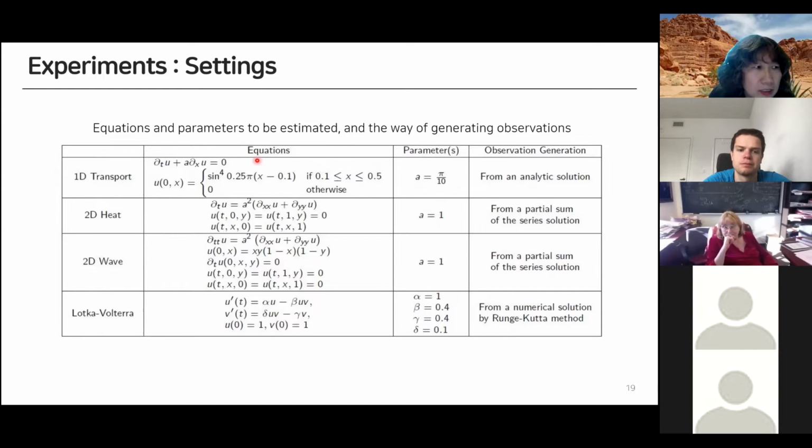These are the tables of the equations and parameters and how the data was generated. This column is the information for the forward problem, and these columns, parameters and data generation, are the information for the inverse problem.